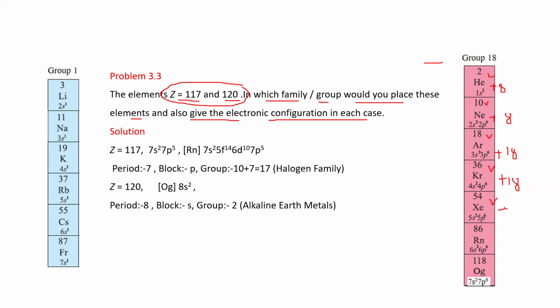In this 54, if you add 32, you will get 86. And in 86, if you add 32, you will get 118. The outermost electronic configuration of these elements is ns2 np6. Is it clear? Now, whatever the atomic number is given to you, try to correlate with these atomic numbers.